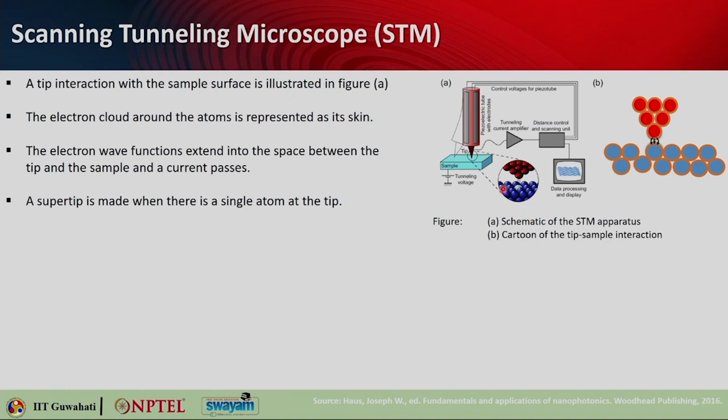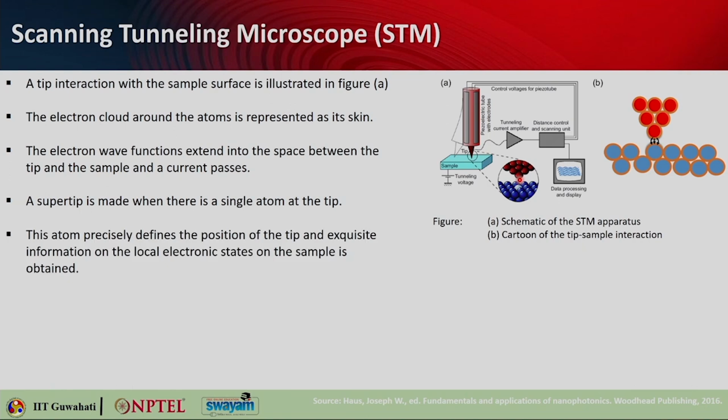Here a super tip is used, which has a single atom at the tip, and this atom precisely defines the position of the tip, and the exquisite information of the local electronic states on the sample can be obtained.